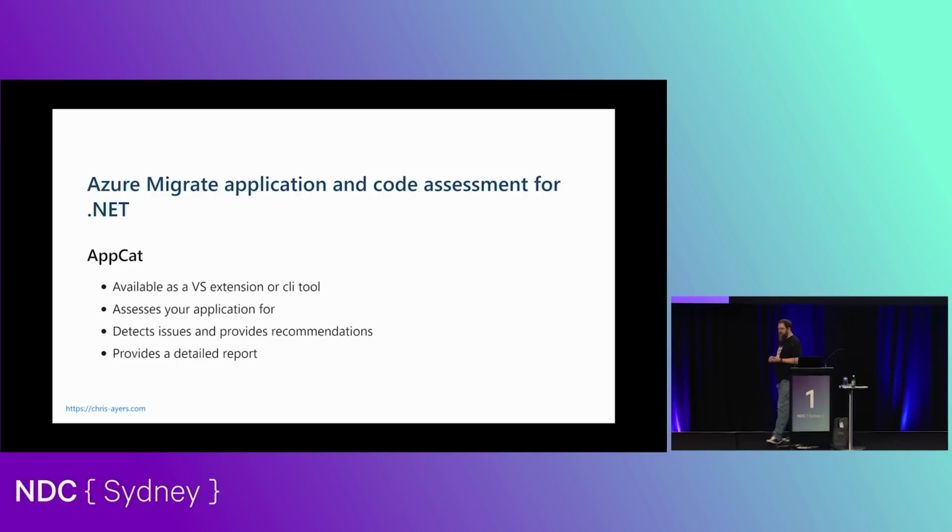And if it identifies things like those weird file accesses or logging capabilities, or you're doing certain operations that maybe aren't compatible in a container or in the cloud, it will let you know and help prioritize them and call them out and where in the files you need to go fix them. So if you're trying to run your applications, you start running into problems, AppCat can give you a nice report and give you prioritization.